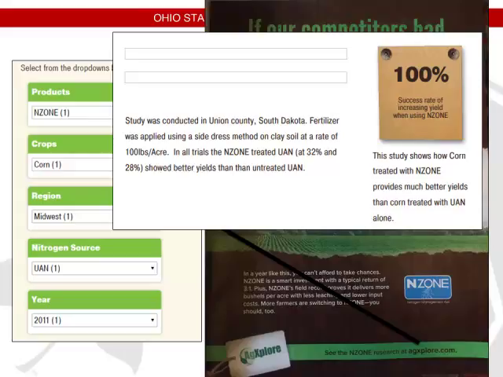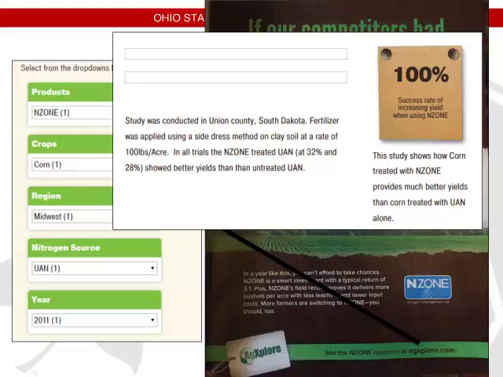And then this one is another one, and this is one of those gray area ones, I'll warn you up front. This is for a nitrogen stabilizer, and it says that you can get 12 bushels per acre more with EndZone. And then in the fine print, it says to go to their website, agexplorer.com, to find out more. So to save you the time, I went to the website, and what I found when I went to look for the trials for the product EndZone was that it was tested in one crop, in one location, with one type of nitrogen in one year.